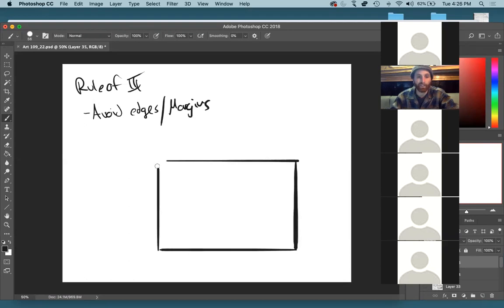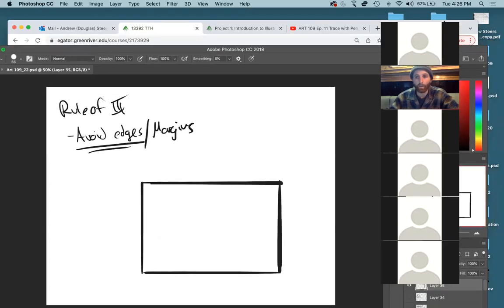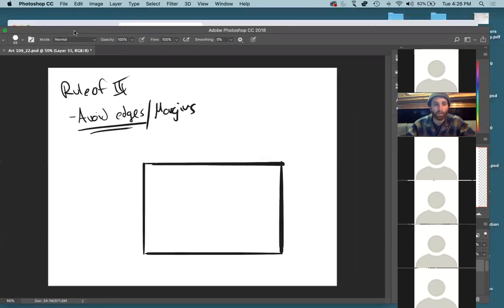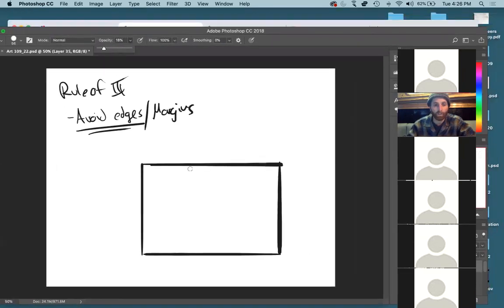This is something I see a lot in people's work, and this is something you really want to avoid. So wherever something important is going to go, the rule of thirds helps you avoid it. So you don't want to put anything important around those edges, okay?